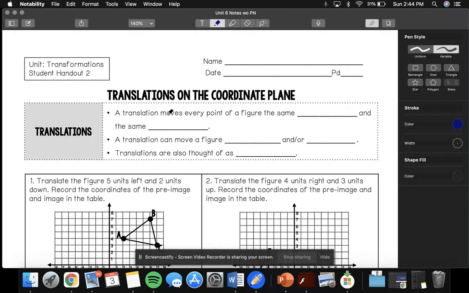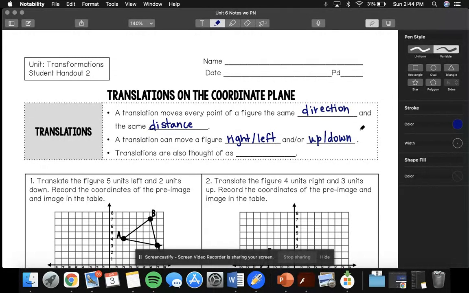So a translation moves every point of a figure in the same direction and the same distance. Okay, so a translation can move a figure right or left, and or it could also move things up or down.